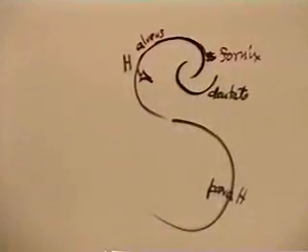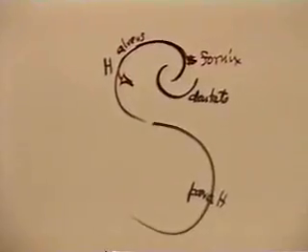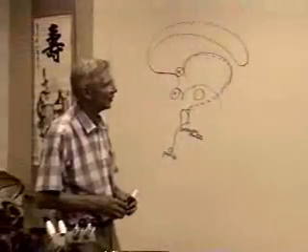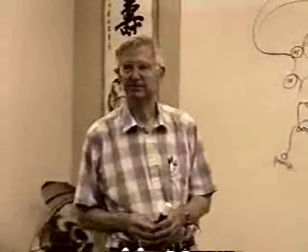And the fornix is passing front to back in this hippocampal formation and eventually rising up behind the diencephalon above it and back down and around. Any problems so far?